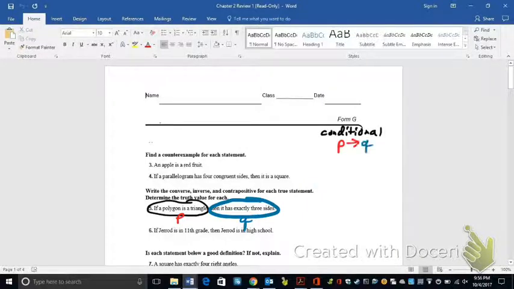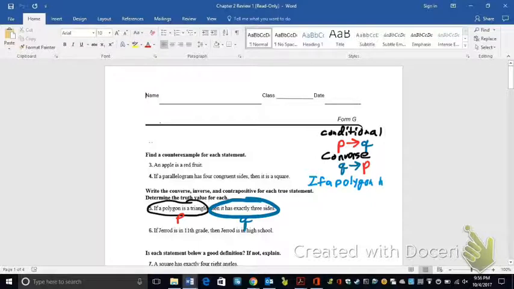Now, let's say we're unsure what exactly a converse is, well, we go and look at our notes, and we see that the converse is if Q, then P. So the converse is basically us switching the hypothesis and the conclusion. So now the converse is if Q then P. So instead of saying if red then blue, we're going to go if blue then red.